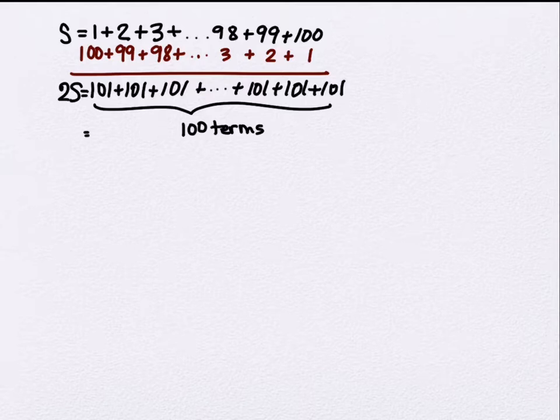So instead of adding 101 together 100 times, it would be a lot easier to simply multiply 101 times 100. Now, that's still twice as many as I needed, right? So what would I have to do to get the number I actually wanted? I would take that amount and I would divide it by 2.